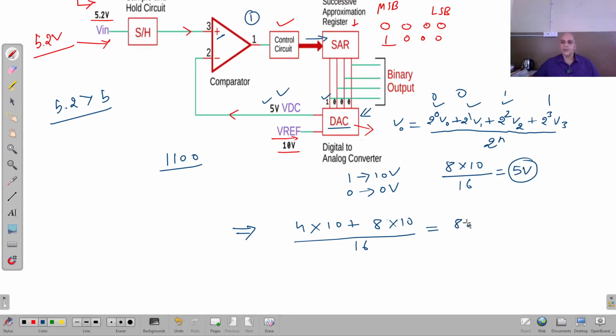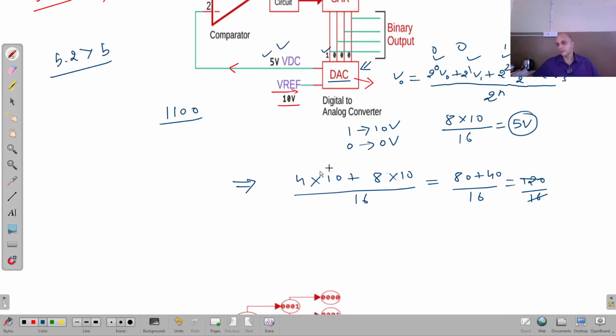So 80 plus 40, divided by 16, is 120 divided by 16. You can simplify it, and it will become 7.5, right?